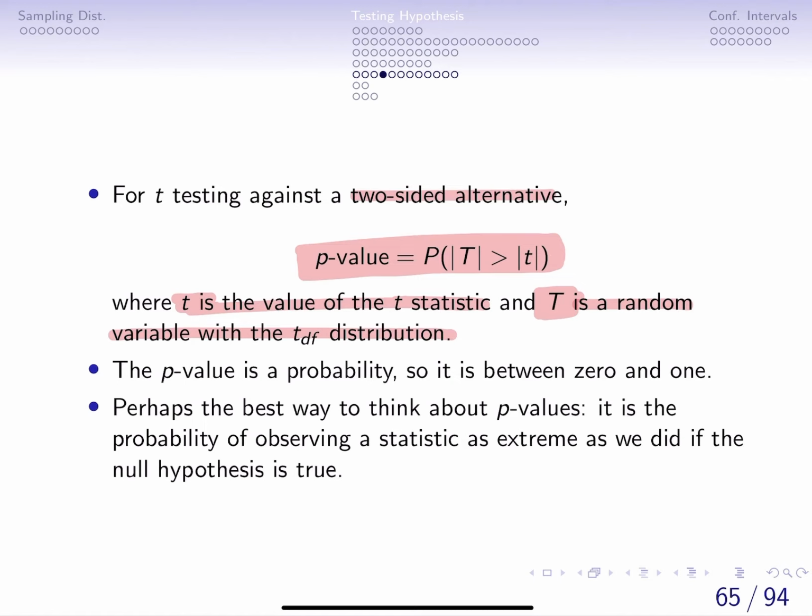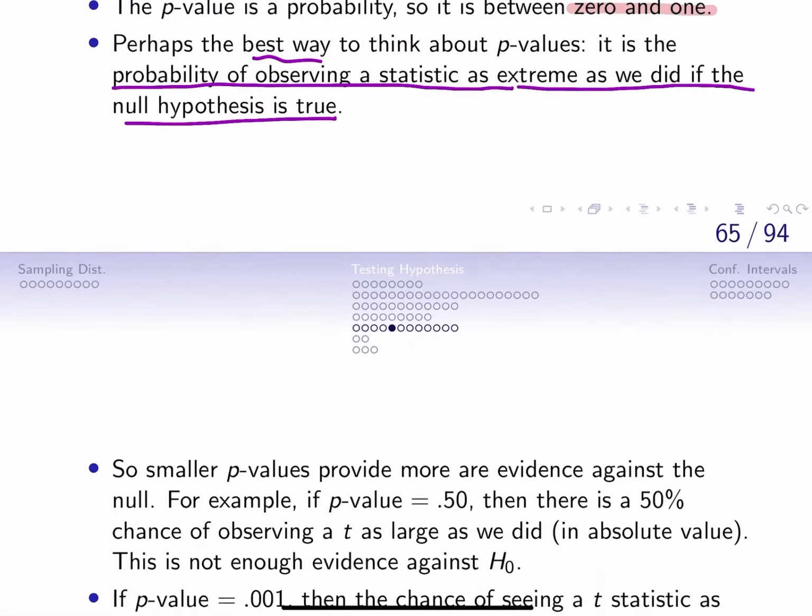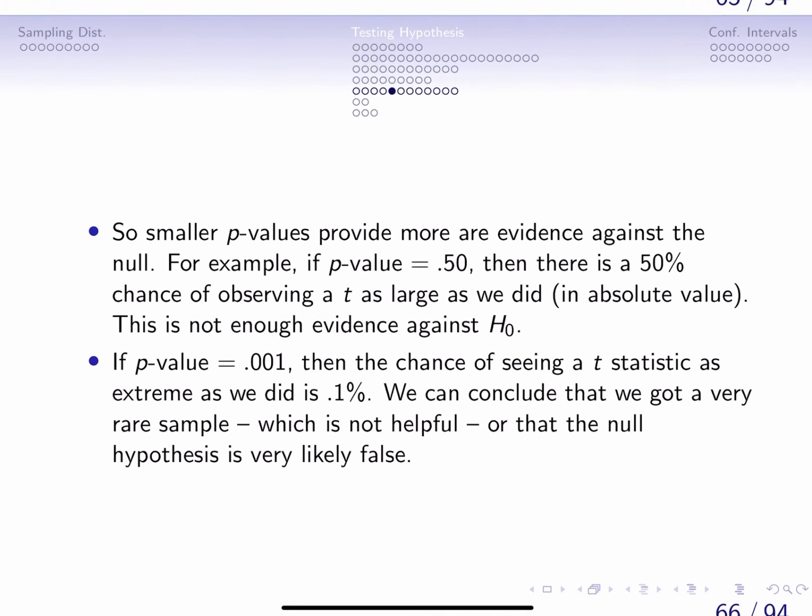Like I said before, this is going to be between 0 and 1. And maybe the best way to think about the p-value is that it is the probability of observing a statistic as extreme as we did if the null hypothesis is true. I think this will all make sense when we take examples.